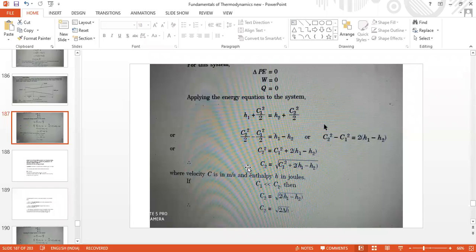There the velocity increases and the pressure of the air from the mouth decreases. With high pressure we blow, and gradually pressure decreases and velocity increases. In the same way we can understand the nozzle here. The ultimate purpose of a nozzle is that the velocity of the fluid increases.